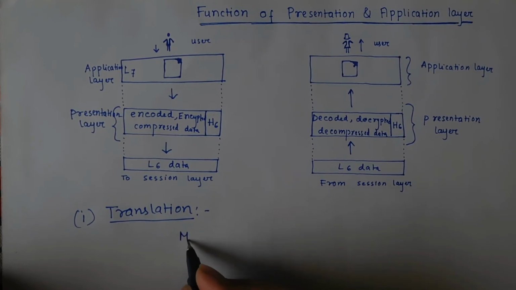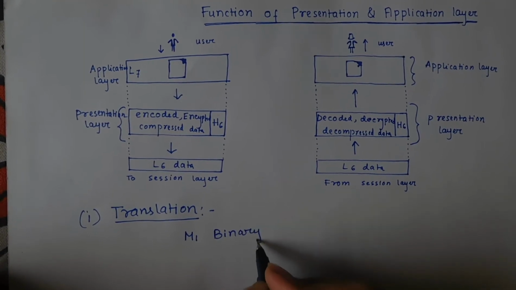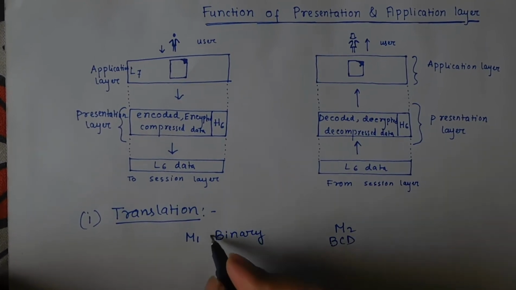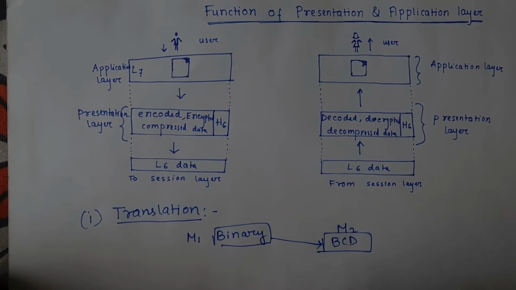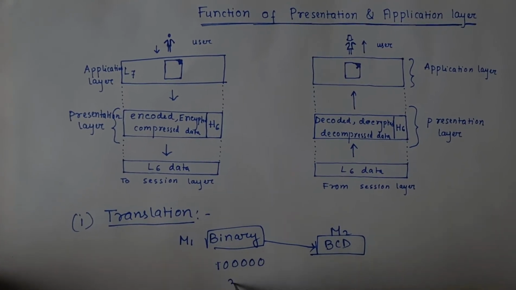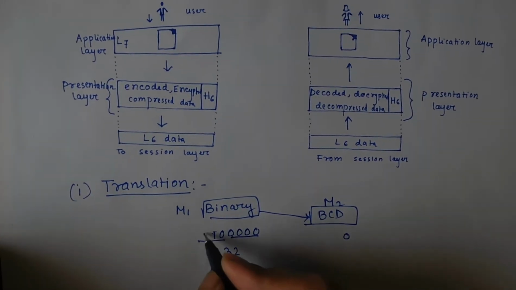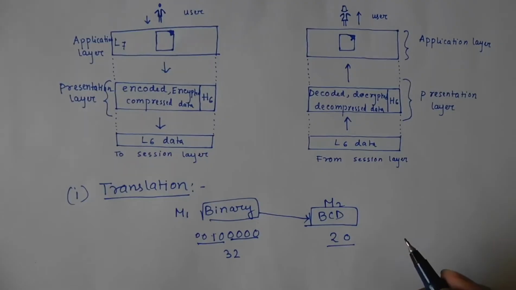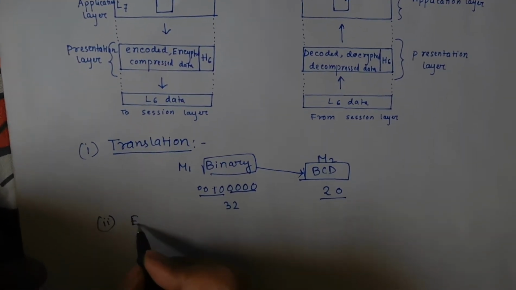Suppose a machine M1 uses the binary system, and a machine M2 uses the BCD mechanism. So there may be different encoding mechanisms. So this is binary 32, but in BCD this is 0 and this is 2. This is in BCD. So in this way translation happens. Next function is encryption.